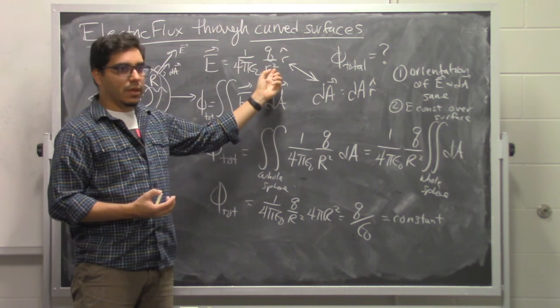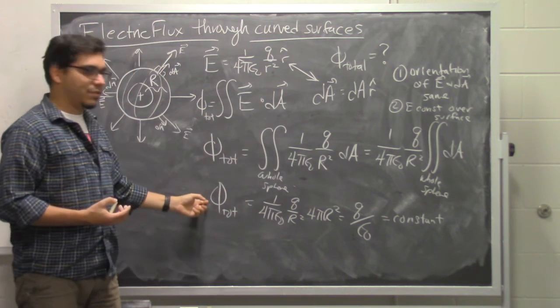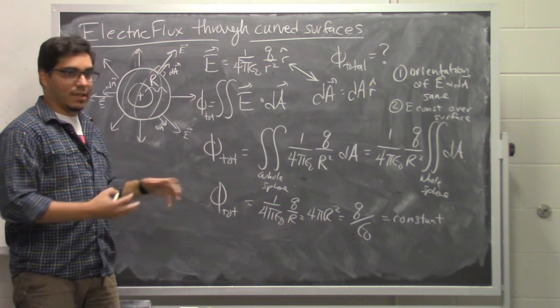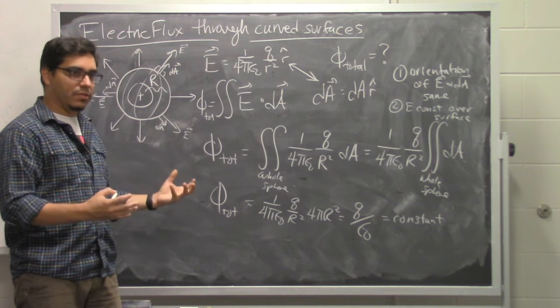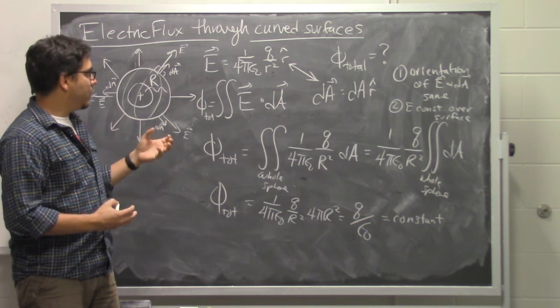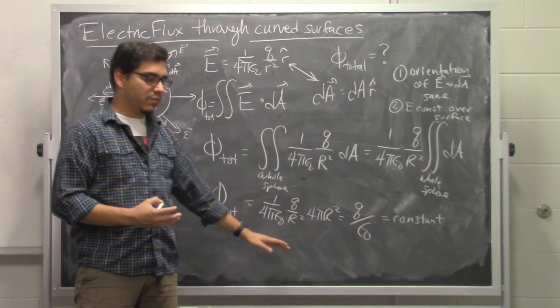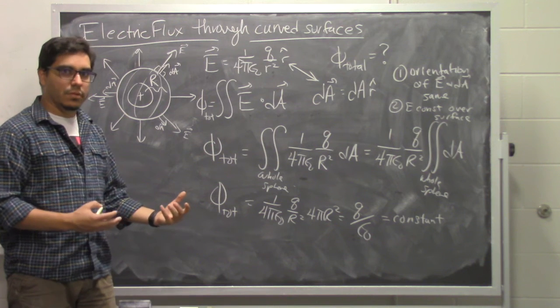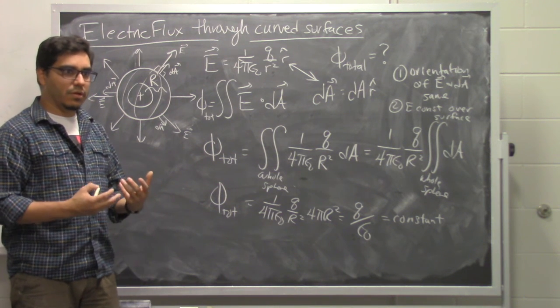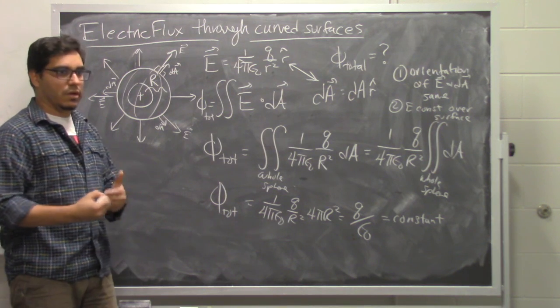If it didn't depend on that, we'd have a big problem because the flux would depend on exactly how big your surface is. It doesn't depend on that at all. It just depends on the amount of charge that's inside. And so this is a very important result for electrostatics, because it helps us build this idea of Gauss's law, which is a very much simplified way of calculating the electric field in certain kinds of situations.